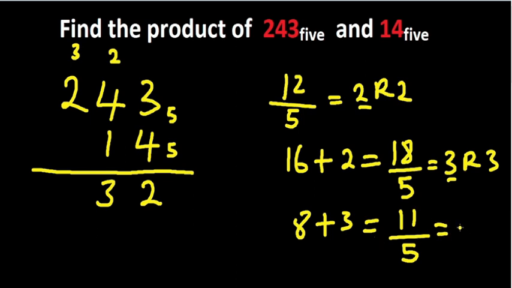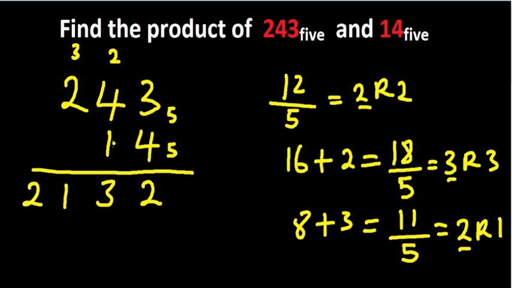Now if you divide 11 by 5, you're going to get 2, remainder 1. Now the remainder, which is 1, we're going to write it down here. Now the dividend, since we don't have any other number that we can multiply 4 with, let's simply write down the dividend at the front. So we're going to write it down here, 2.